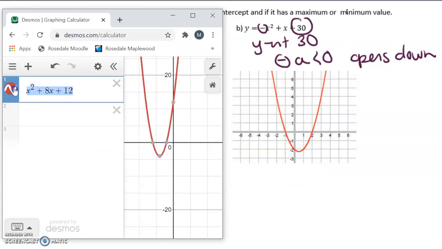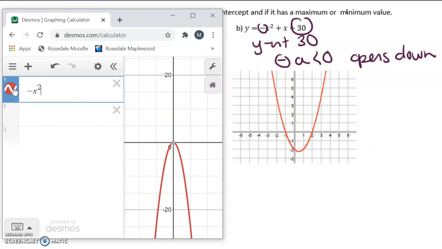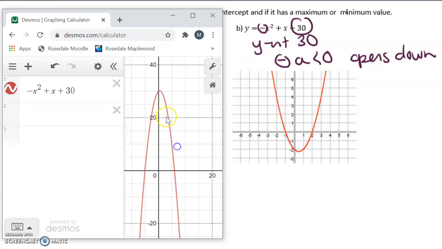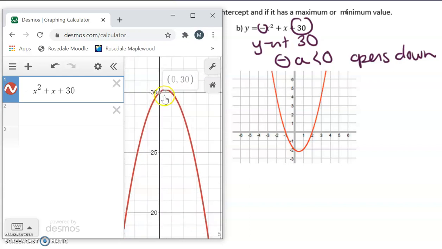And then we have minus x squared plus x plus 30. So opens down clearly, and this is the y-intercept. Oh, there we go, 0, 30. The y-intercept and the vertex were just so close to each other. I was clicking on the vertex.